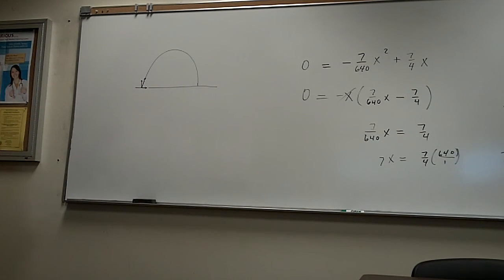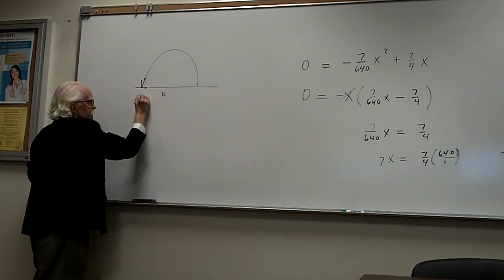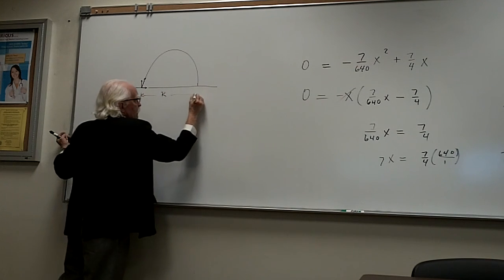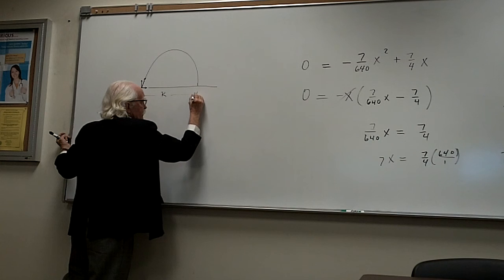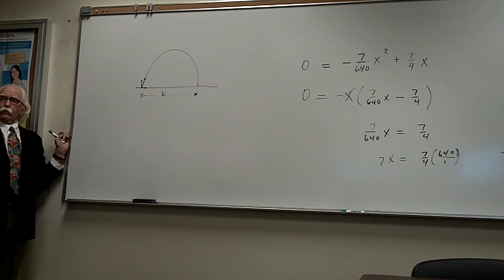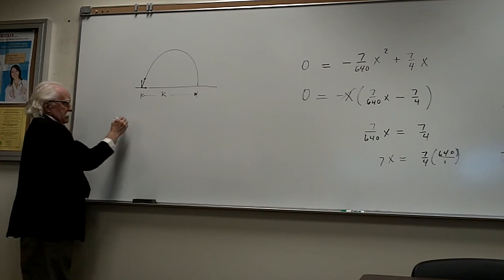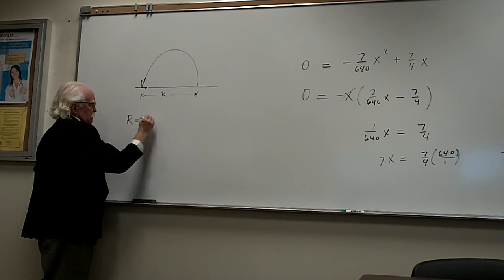I'm not here to teach you a trigonometry class, but if everybody had one, you could see very easily that this distance that the pumpkin travels is called the range. How far down range does it go? Well, it's actually going to be this.